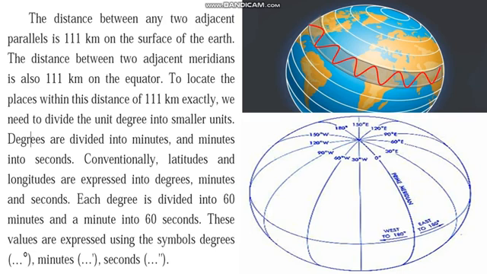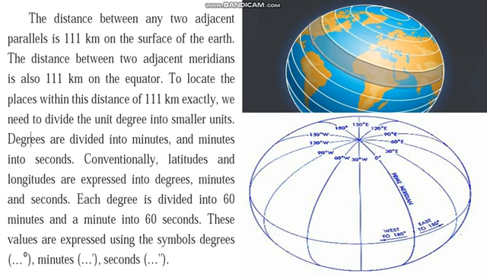The distance between any two adjacent parallels is 111 kilometers on the surface of the earth. The distance between two adjacent meridians is also 111 kilometers on the equator.